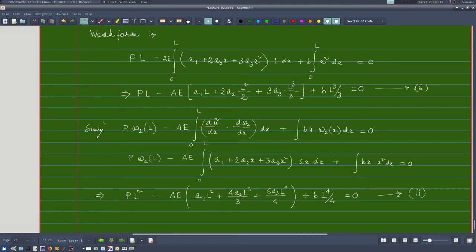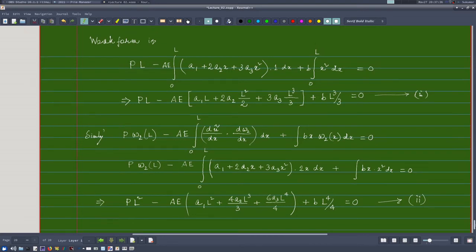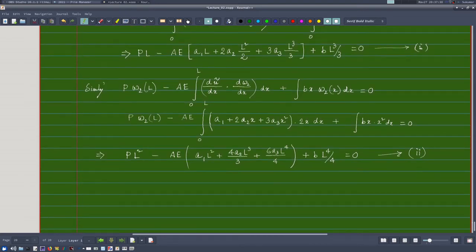And in a similar manner, I can write the weak form in terms of the third weight function, w3 of x, then the w3 dx and w3 at L in the weak form.